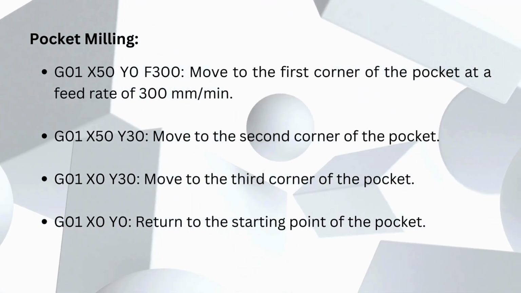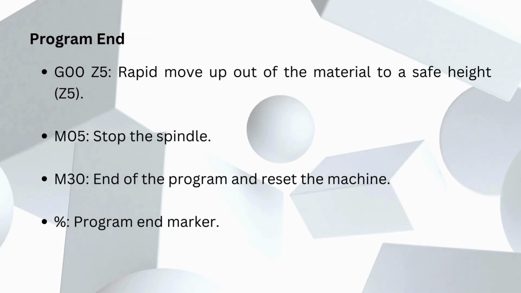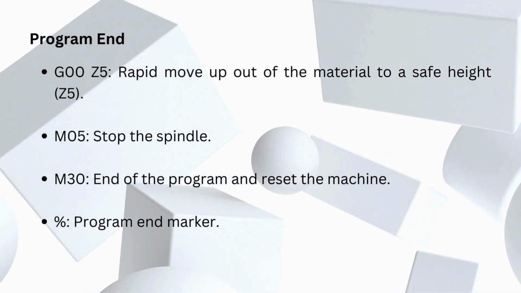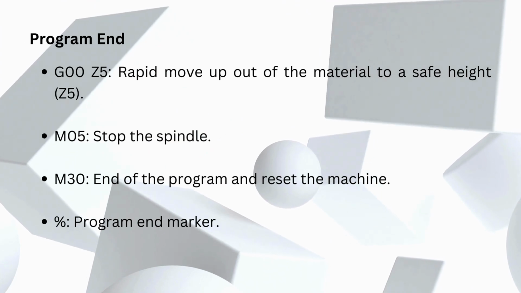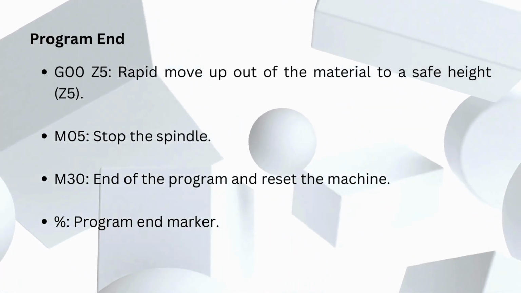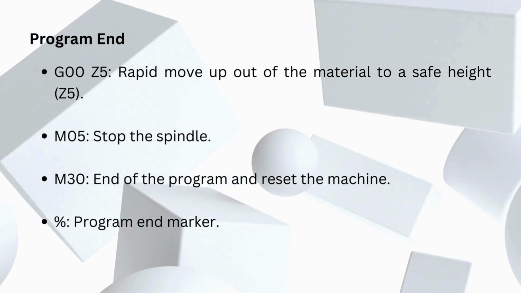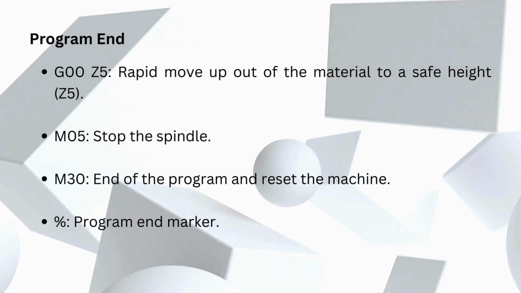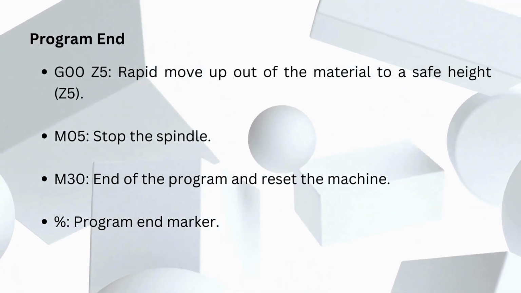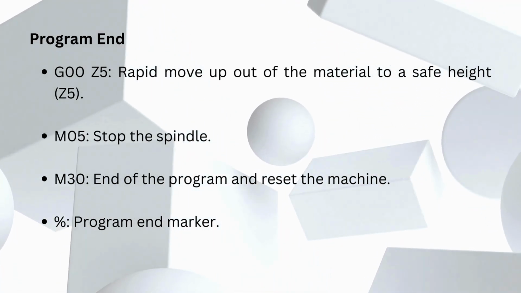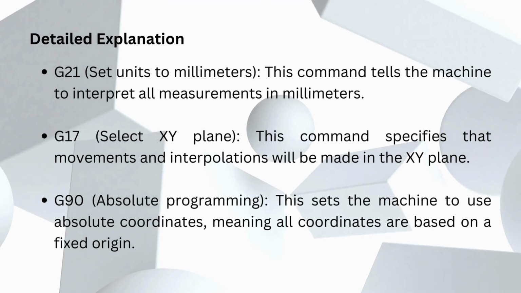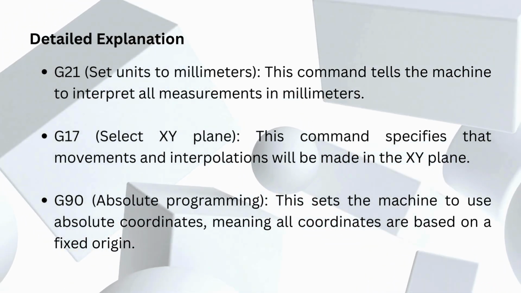G01 X0 Y0, return to the starting point of the pocket. Program end. G00 Z5, rapid move up out of the material to a safe height, Z5. M05, stop the spindle. M30, end of the program and reset the machine. Percent, program end marker. Detailed explanation.